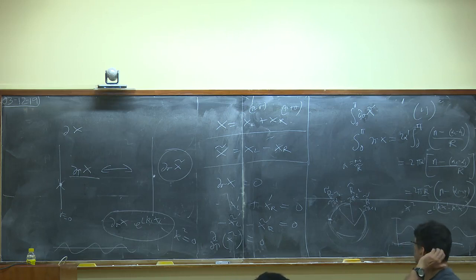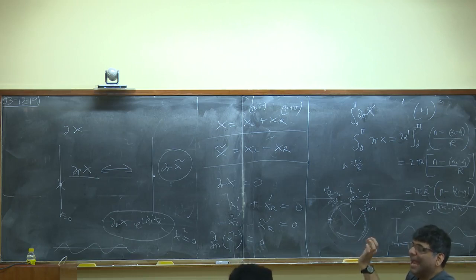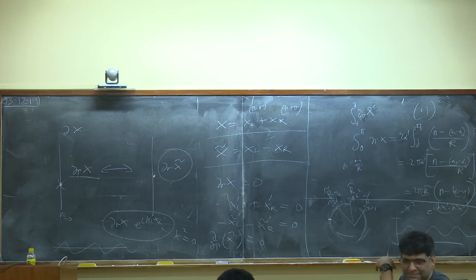Okay, now let me leave the following thing as an exercise for you. Take the string action and add to it, in the exponent, alpha epsilon times del sigma x, where epsilon is small. So we're just deforming it by a vertex operator.